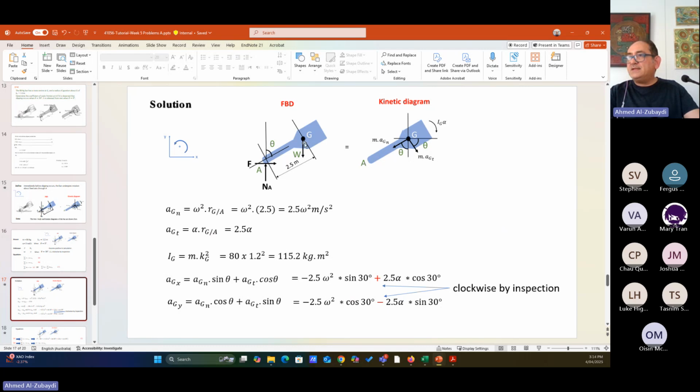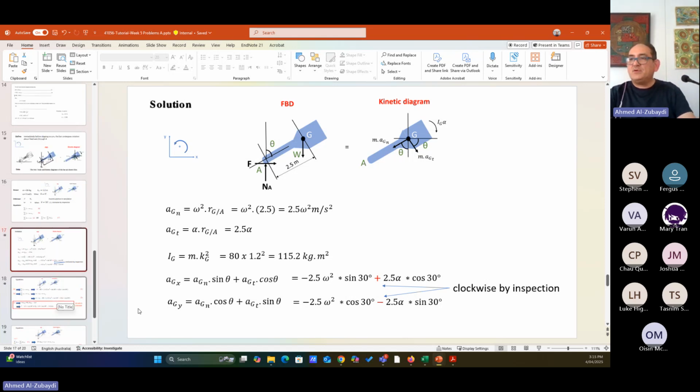We take this acceleration to the x and the y direction because this will make it much easier for us to match them with the friction force and the normal force. So we found the AGX and the AGY by simply changing the normal and tangential accelerations into these two axes. Now we got this value.